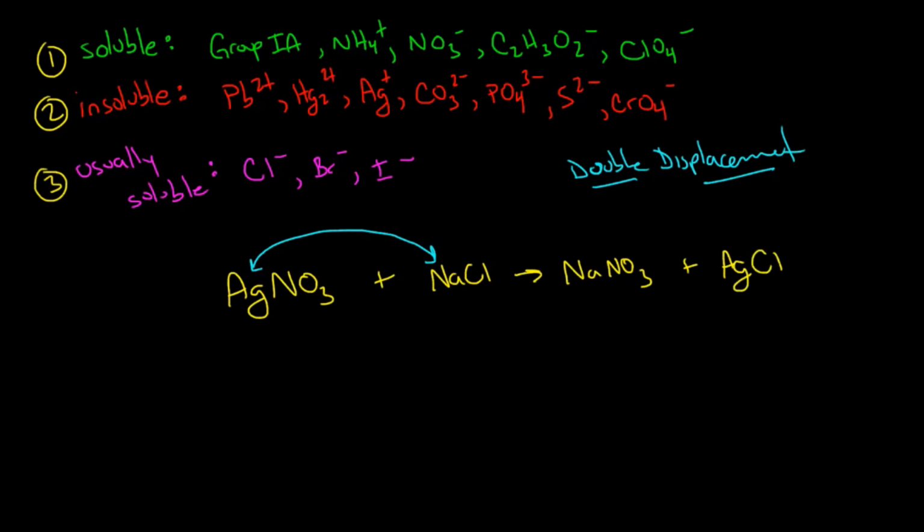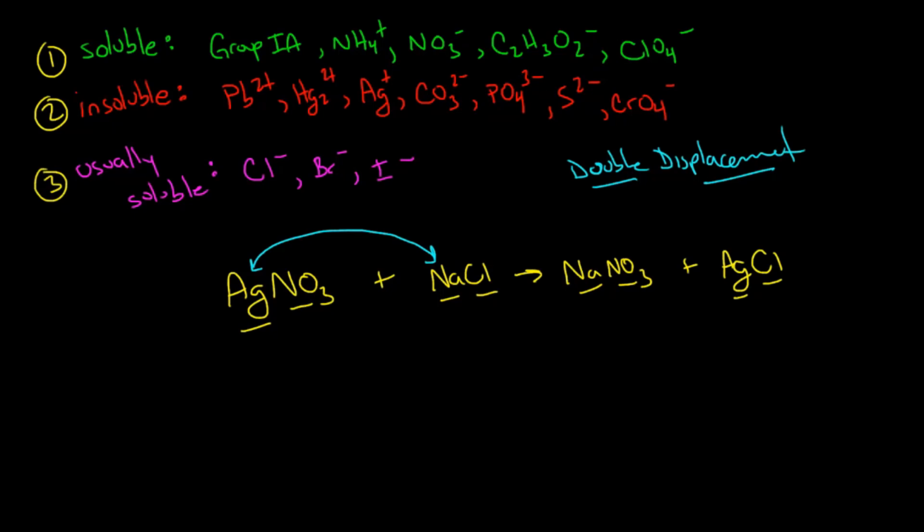Okay, so double displacement, the two cations swap places. Now we can look at this and make sure that everything's balanced. And in this case, everything is. I have one nitrate, one sodium, one silver, one chloride, one chloride. So it's a balanced reaction.